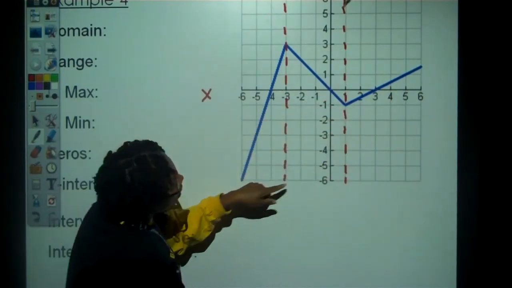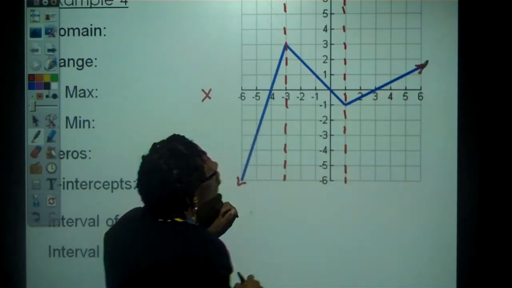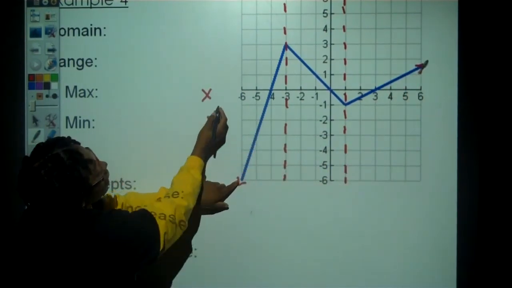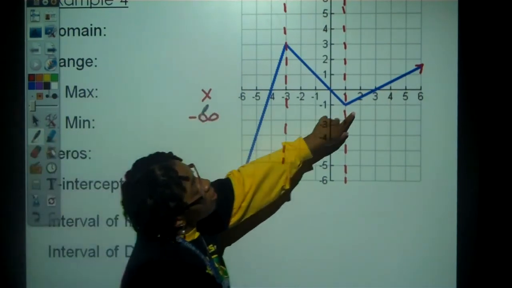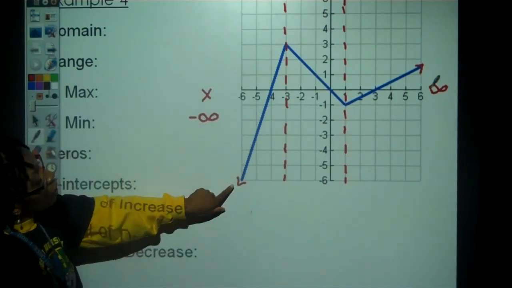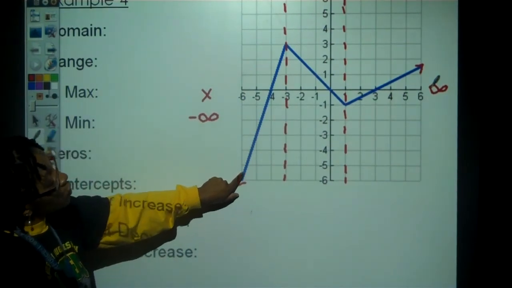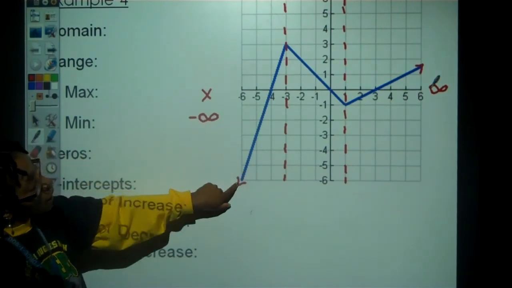Since this graph is continuous, I know that my x's over here are approaching negative infinity, and my x's over here are approaching positive infinity. So, if I'm tracing my finger up from left to right and I'm trying to decide where this graph is coming from, it's coming from negative infinity.